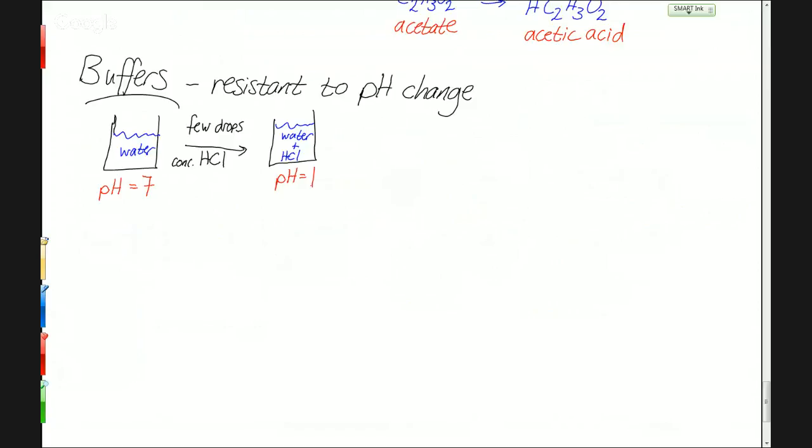A buffer solution is a little different. It would be the same the other way, by the way, with base too. Now a buffer, you can control what pH it's at. Let's say we have one that is at pH 7.